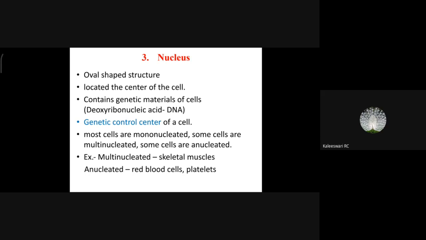So they are called anucleated. An example of a multinucleated cell is skeletal muscle. Examples of anucleated cells are red blood cells and platelets.